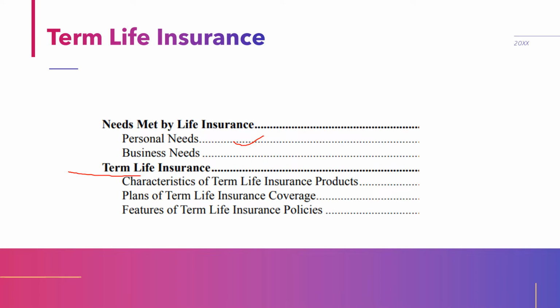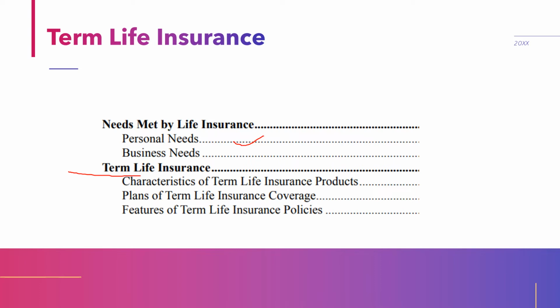These things are required if a dependent person has died. So what insurance will do, if that particular person has a term life insurance, once he dies the family will get some amount of money, and that money the family can utilize to survive the rest of their life.